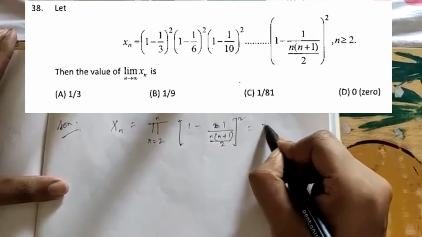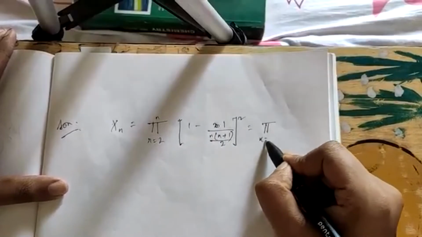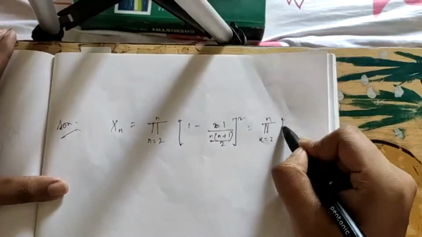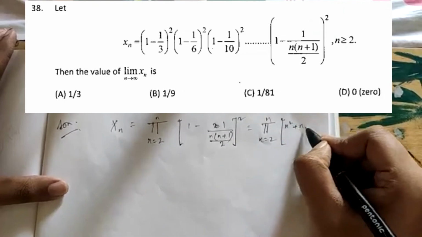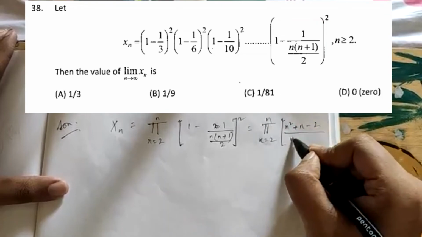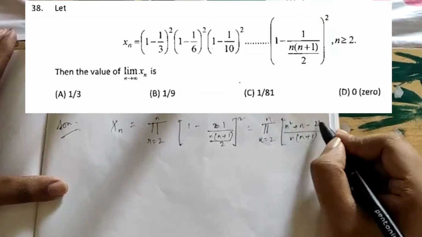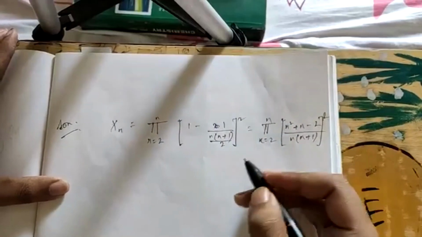So I can write it as the product from 2 to n of (n square plus n minus 2) by (n(n plus 1)) whole square.